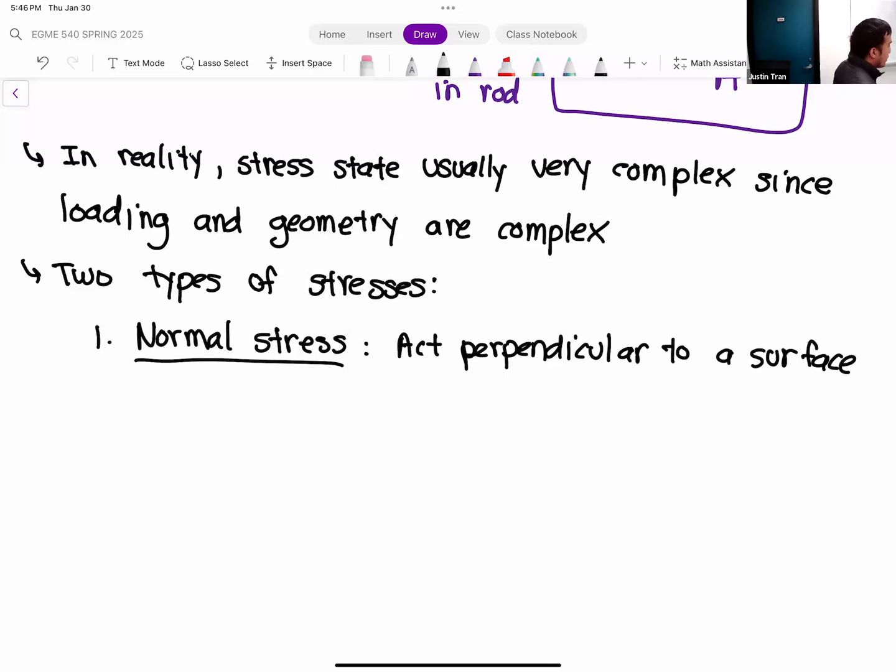And so the example that we just did with the rod and tension, those are all normal stresses. So those are perpendicular to the cut point. Okay. Normal stresses have the effect of either pulling the material apart, and so they're going to be separated in tension, or they're going to be compressed directly together in compression.